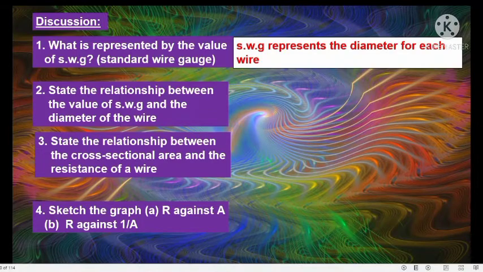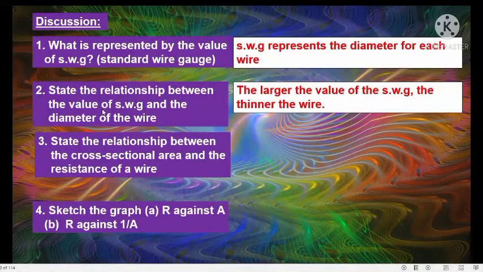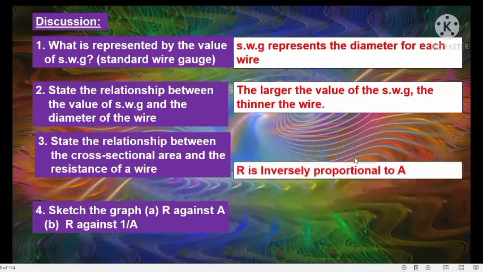Okay, discuss some of the questions first. What is presented by the value of SWG, standard wire gauge? SWG represents the diameter of each wire. State the relationship between value of SWG and diameter. The larger the value of SWG, the thinner the wire.